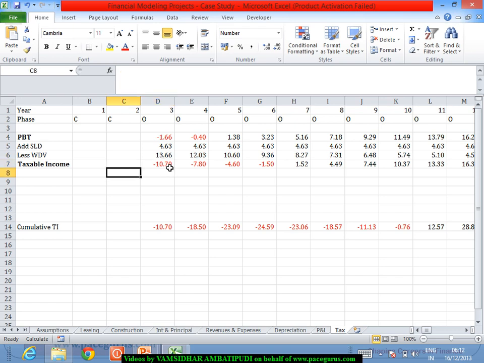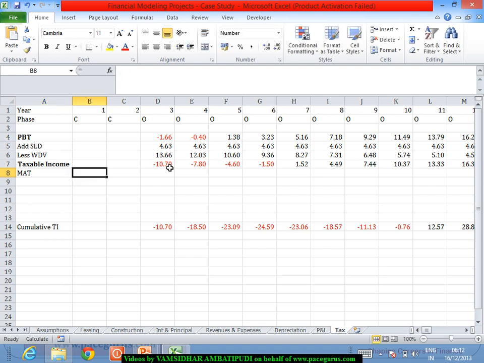So before that, we'll try to use that cumulative taxable income in our logic slightly later. But the next thing is, if we have any kind of a MAT, we'll try to see the first computation of MAT.